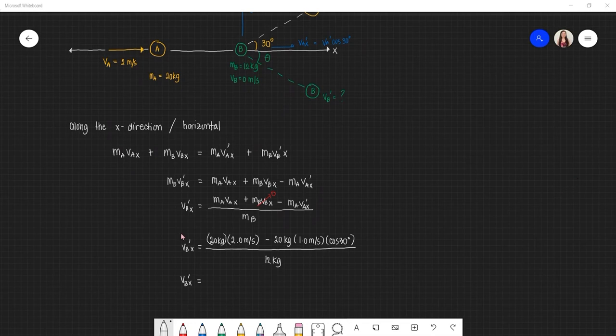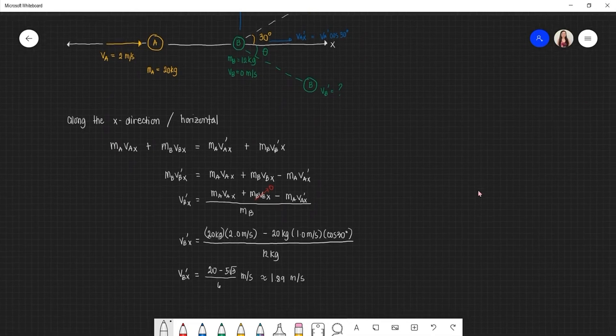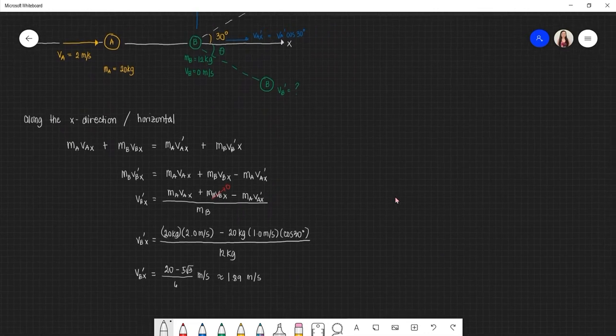For an exact value, you will get (20 minus 5 square root of 3) over 6 meters per second, or approximately, if we round it off, 1.89 meters per second. Okay, so that is the x component of the final velocity of ball B.